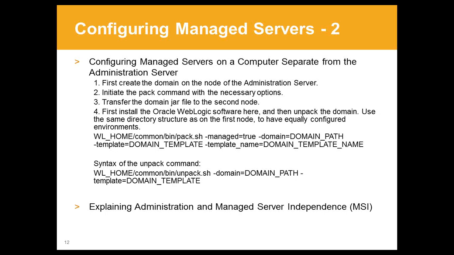We have the admin server and managed servers installed on machine A, some other managed servers configured on machine B, and then some managed servers on machine C as well. Why do we have that setup? So that even if machine A is down or machine B is down, at least one machine is available for our application.